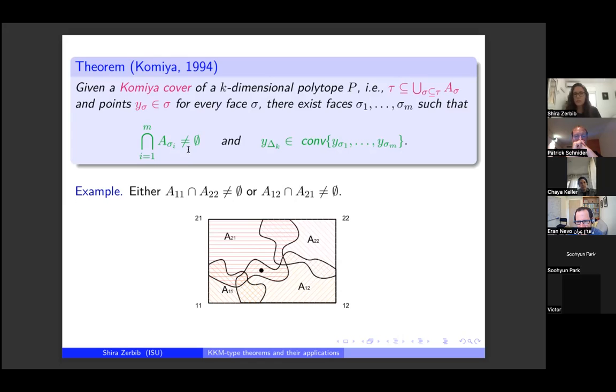But since we have a non-empty intersection, we must have that this barycenter is in some convex hull of barycenters of the vertices, because only them have a non-empty set. And if we want this barycenter to be in the convex hull of vertices, then it must be that either we take 21 and 12, and maybe other vertices, or we take 22 and 11, and maybe other vertices. So in particular, either this happens or this happens.